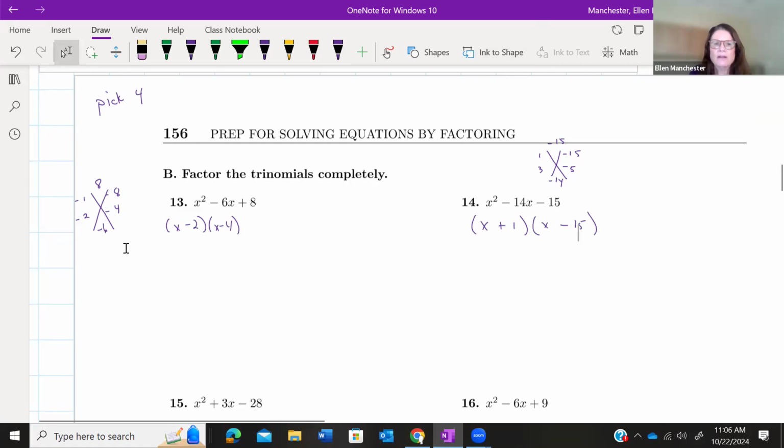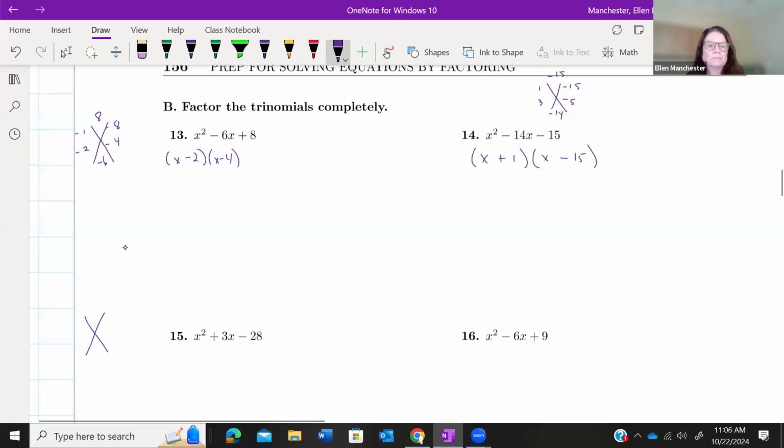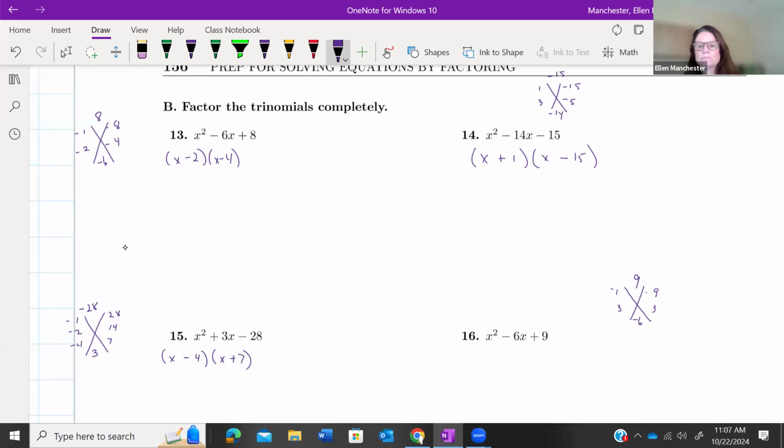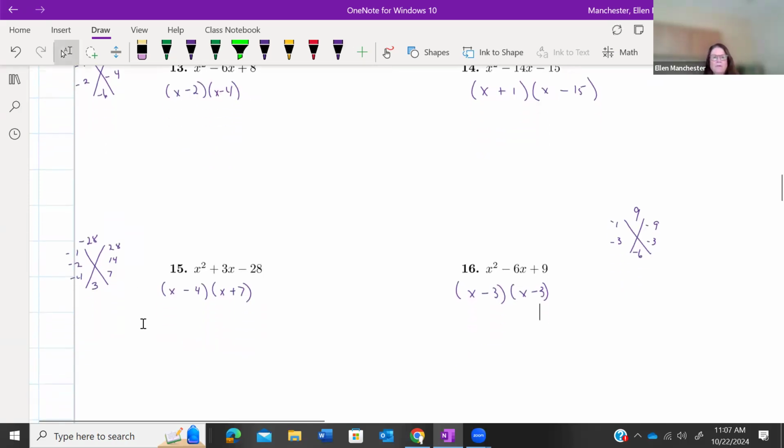If you did 13 or 14, there are the answers for those. There's 14 or 15 and 16, if you pick those.